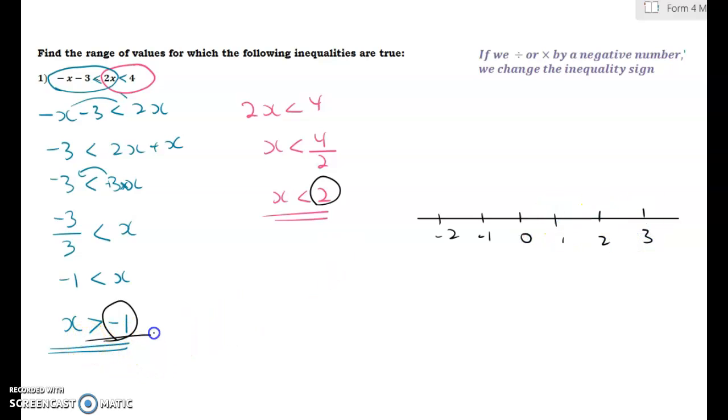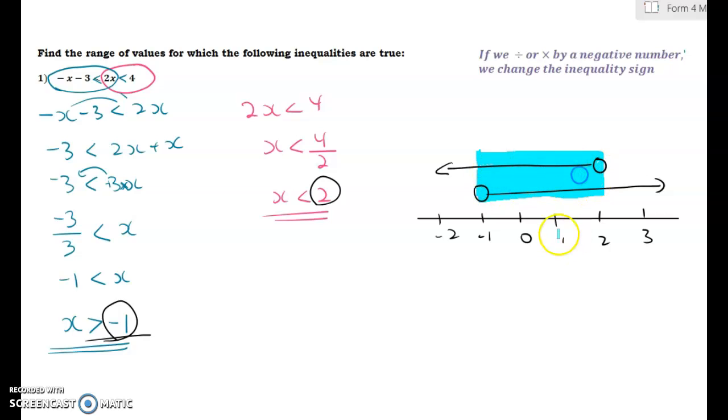So x is greater than minus 1 will go like this. X is less than 2, circle over 2 and go this way. And here I see there is an overlap, this particular section. This section here, we are seeing the two black lines, one on top of the next. So this is what we call an overlap.